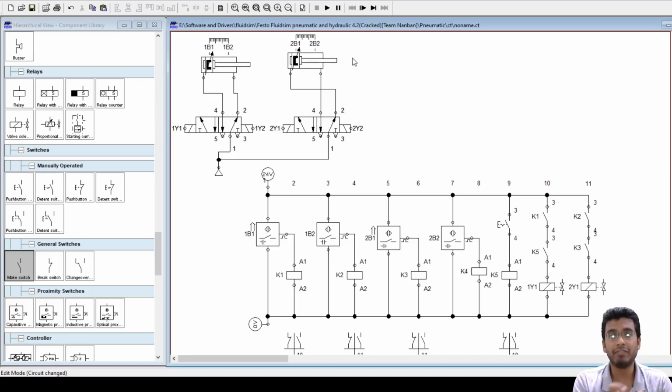And when it has completely extended, my 2B2, that is this proximity sensor, will get triggered, and hence my K4 relay will get energized. Now once this cylinder is completely extended, both the cylinders should retract at the same time. That means what should be your condition for your 1y2 and 2y2 to get actuated?